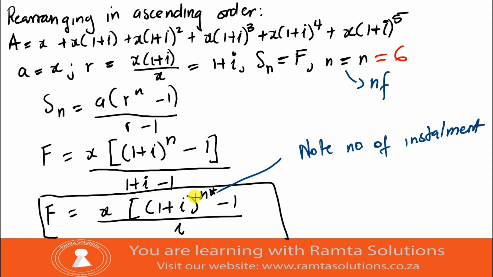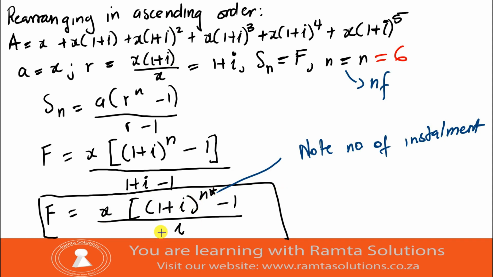So, if you prefer to say n is the number of installments, it's basically the number of years times the frequency that your interest is quoted. It'll be okay, but you need to be careful.